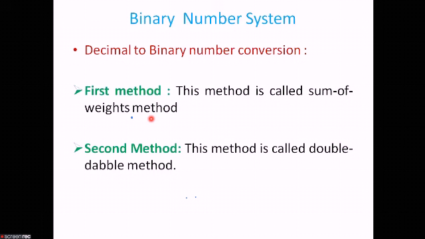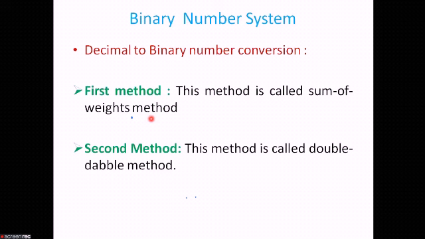In general, these methods can be used for converting a decimal number to an equivalent number in any other base by just replacing 2 by the base of that number. This is a very important thing, because 2 is the base of a binary number, so if you replace 2 by any other base, as in the case of octal or hexadecimal, you can use this method.